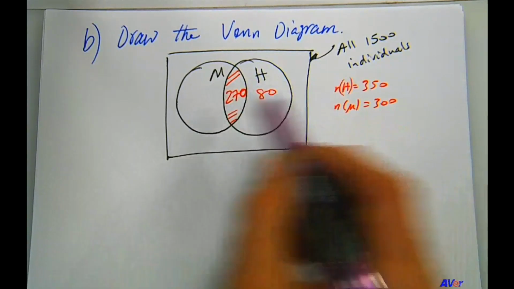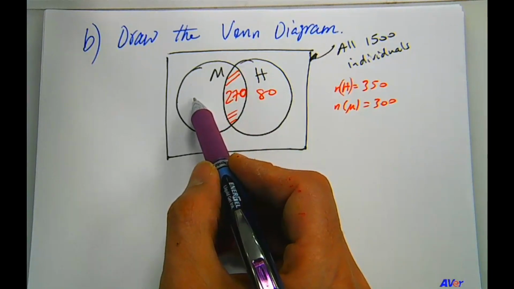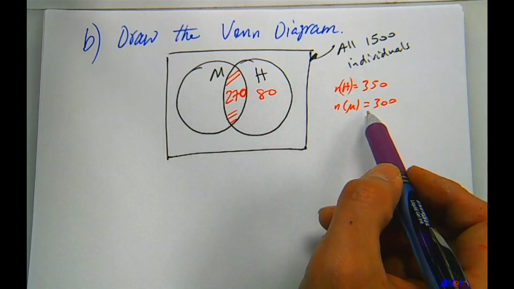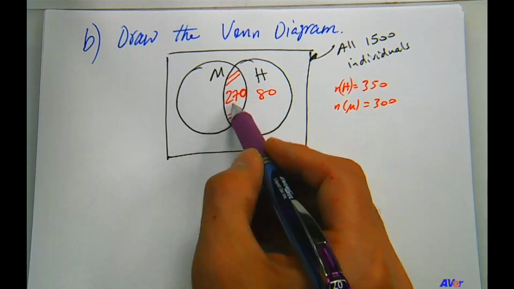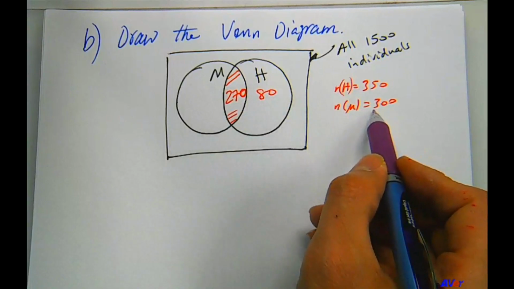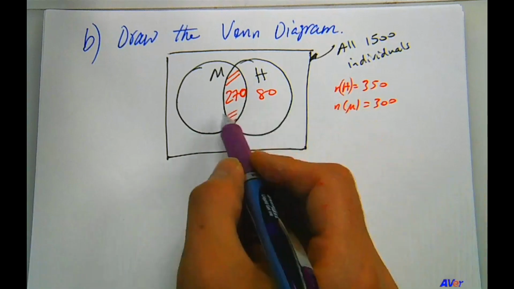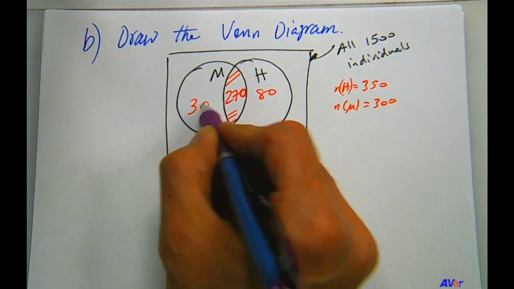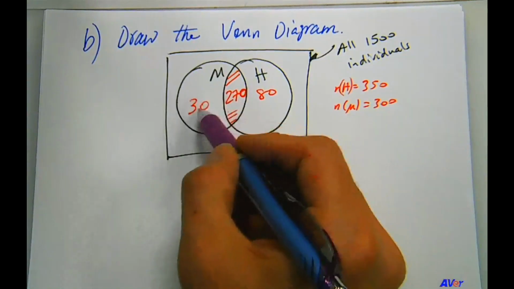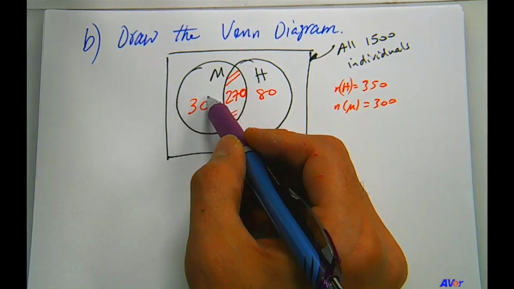By the same token, to find out how many people we should have here, it should be subtracted from 300. So 270 are taking math and history, and we have a total of 300 people who are taking mathematics. So 30 people should be in this region. These are people who are just taking math.